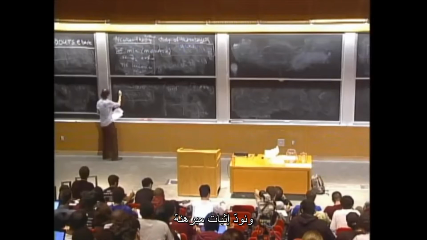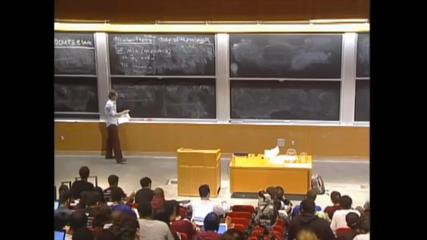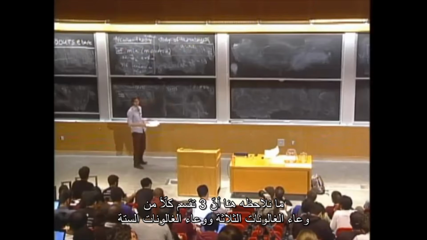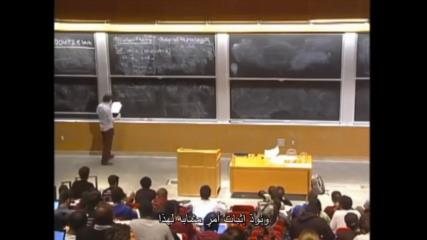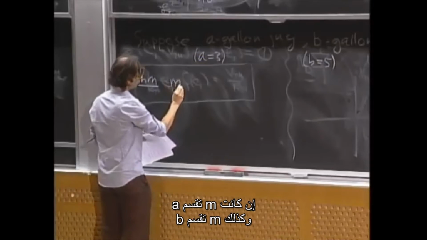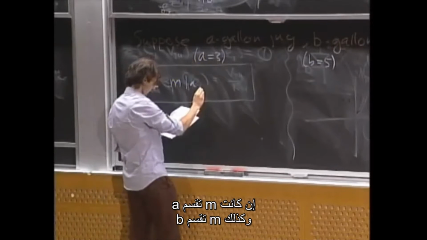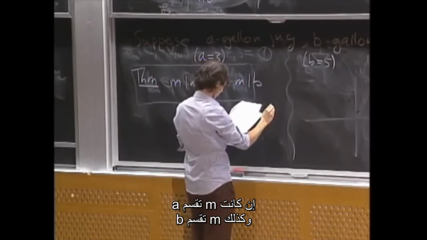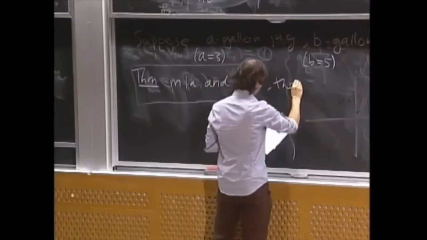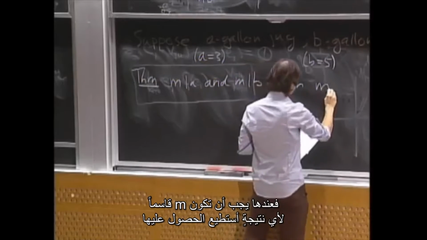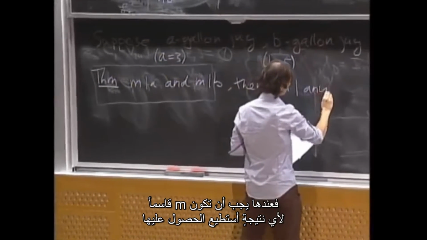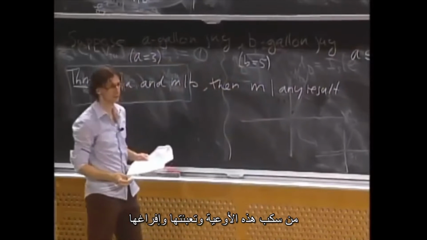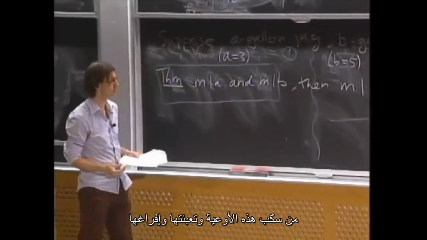And we would like to prove a theorem. Exactly what we noticed over here, that 3 divides both the 3-gallon jug and the 6-gallon jug. We would like to prove something like this. If M divides A, and also M divides B, then M should divide any result that I can get with the pouring and emptying and filling those jugs.